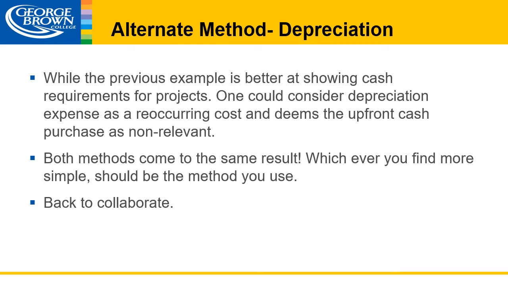There is another alternative method to doing what we just did, and it's called the depreciation method, where we calculate the depreciation cost as a reoccurring cost over the next 5 years, and then don't consider the upfront purchase as relevant because technically it's sunk, okay? Because we can't get that back. Both methods will yield the exact same result.